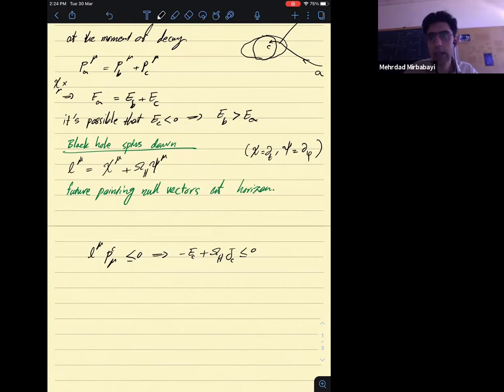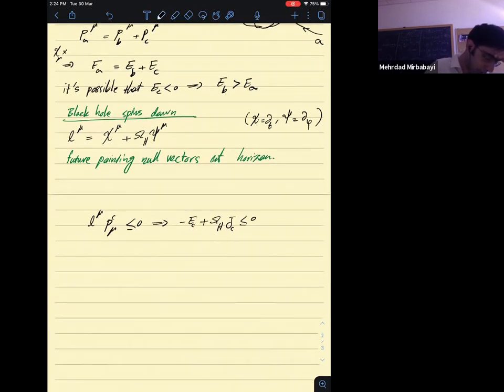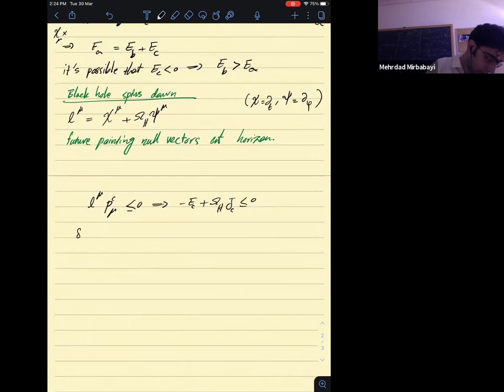And once it relaxes, then it will have a new mass and a new angular momentum that is related to the original one by the addition of the energy and angular momentum of this particle. So there will be a change in the mass of the black hole, which is equal to EC, and there will be a change in the angular momentum of the black hole, which will be JC.